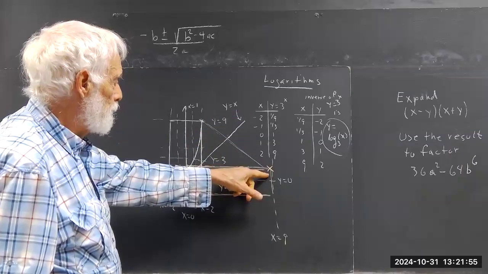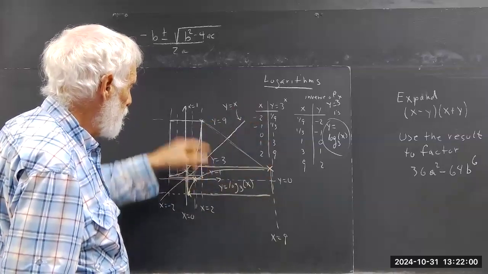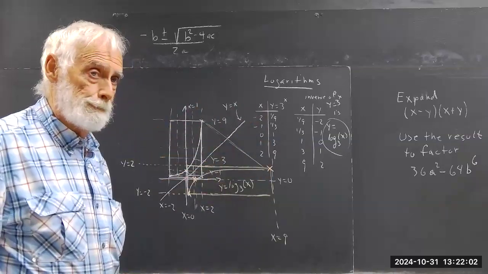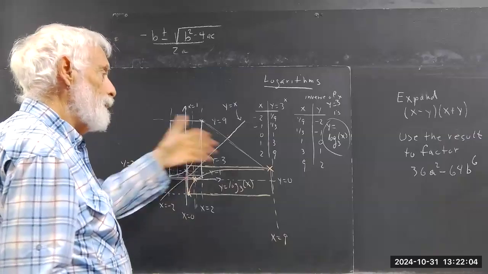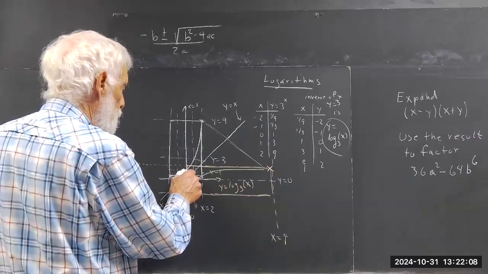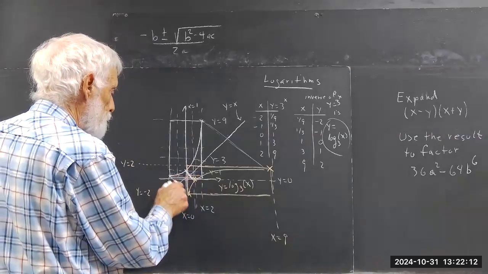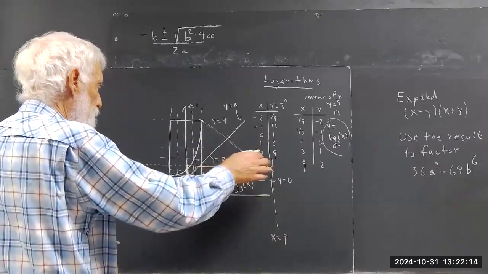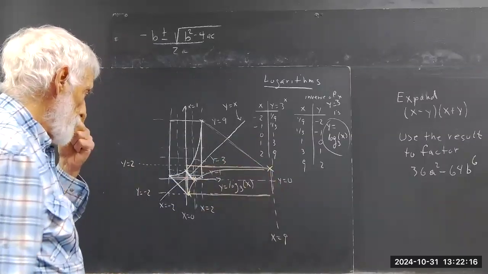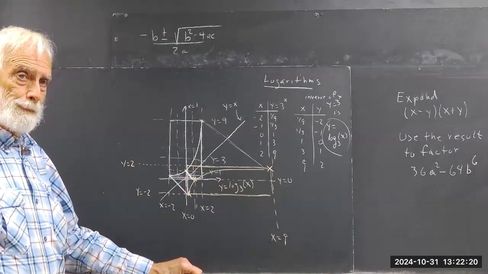In other words, this point should be just as far on this side of the y equals x line as this point is on the other side. Didn't turn out that way because I wasn't careful. Looks a little better between these two points, right? And doesn't look too bad between these two points, but my 9 got carried away. You're going to see that in your text.